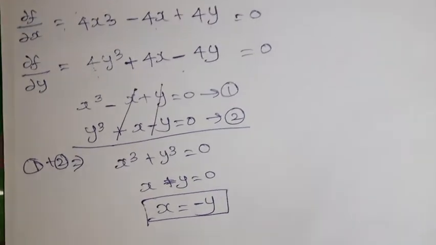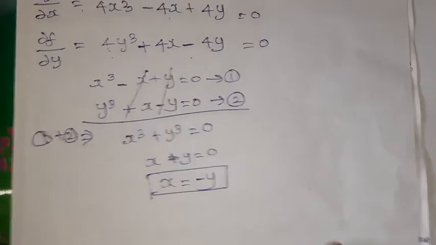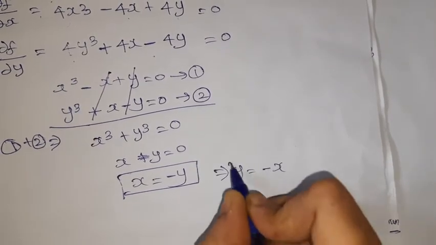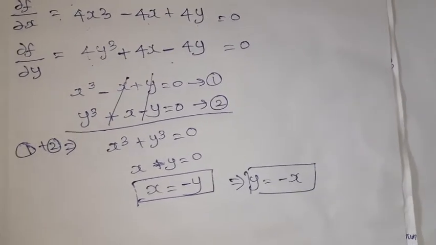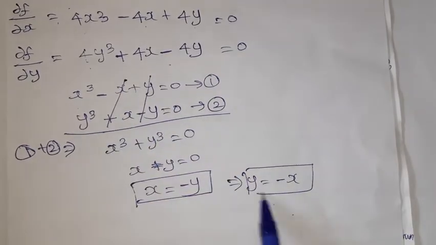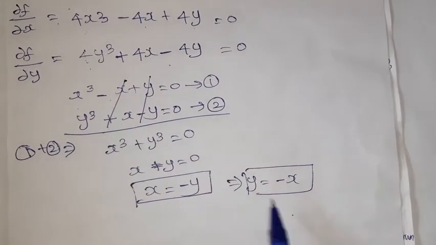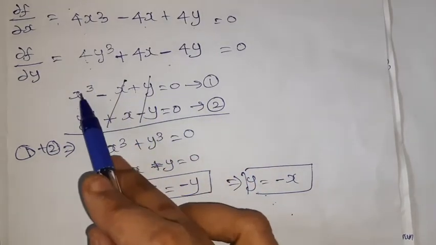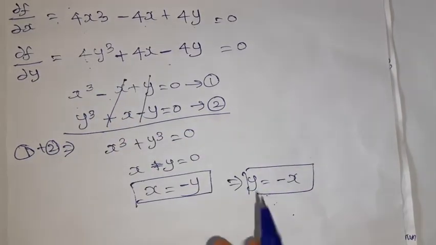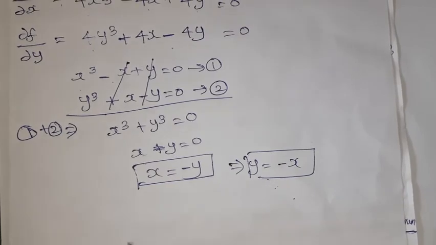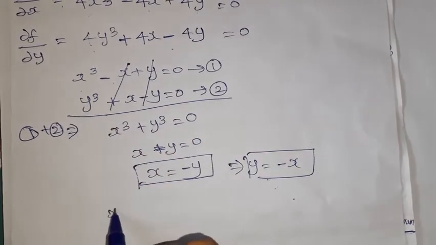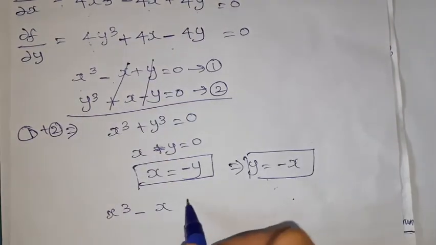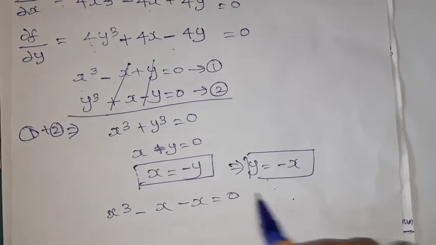x equal to minus y or y equal to minus x, whatever, both are same alone. Okay, then we need to substitute in the first equation, in place of y substitute minus x and find out the x value. From that x value we can find out the y value. Okay, what is the first equation, x cube minus x plus y, y equal to minus x only, equal to 0.